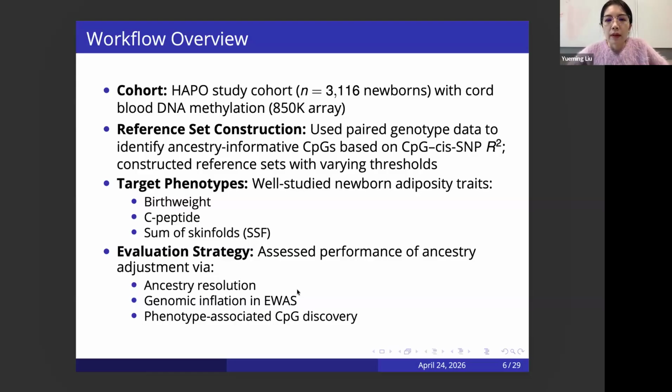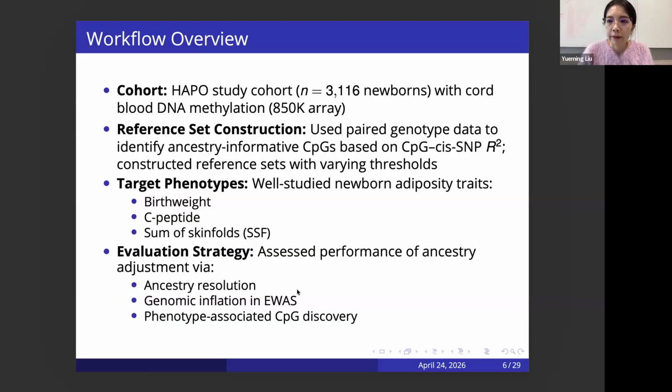In simple words, we are trying to find sets of CpGs that have higher correlation, a stronger association with the genetic cis-SNPs, because a previous study shows that those CpGs capture more ancestry information. The target phenotypes used in the EWAS are HAPO offspring outcomes: newborn adiposity measures, birth weight, log cord C-peptide, and sum of skinfolds.